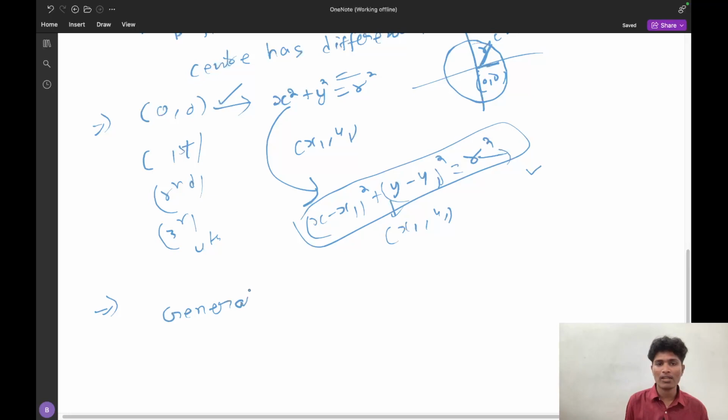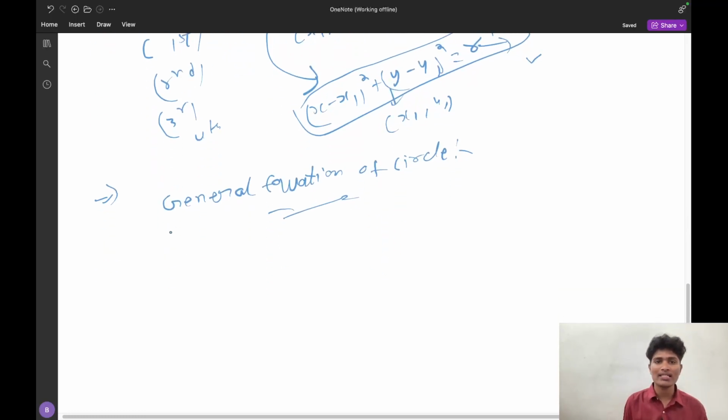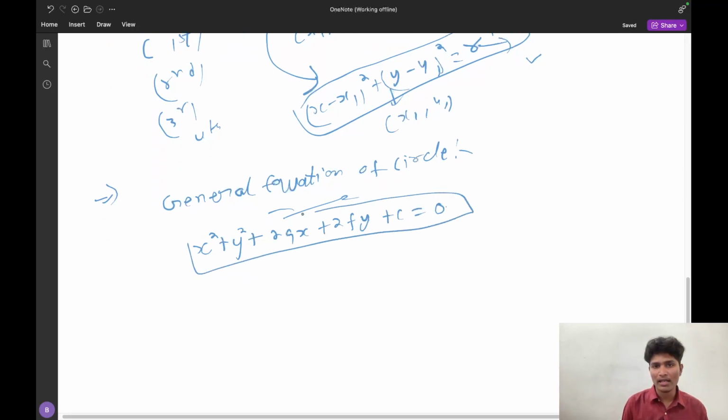What is the general equation? How does the general equation of a circle look? The circle equation is x² + y² + 2gx + 2fy + c = 0. This is the general equation of the circle. From this, if I want to find the center, what do I have to do?